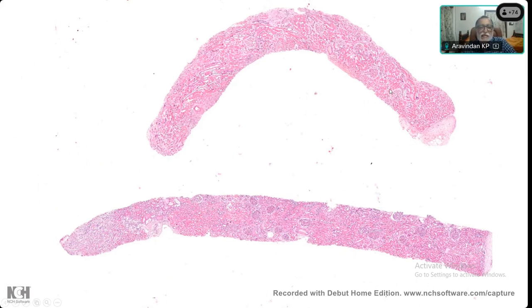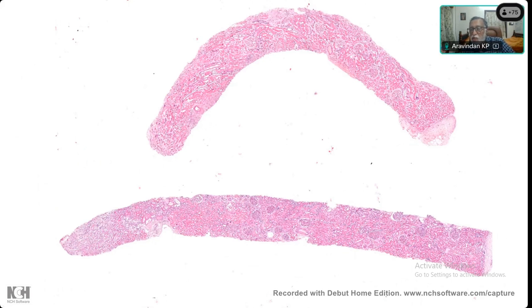Anything else? Do you think there are a lot of fibrotic areas in this or no fibrosis? In the renal biopsy, when you find lot of tubular loss, that will be replaced by fibrosis. So you have fibrotic areas. When you have a lot of fibrotic areas, that means it is going into irreversible damage.